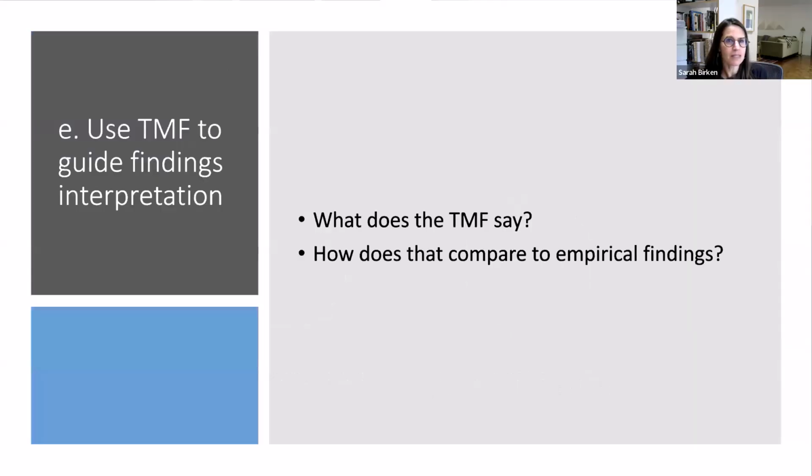I'm going to skip ahead just to say: don't finish your manuscript without reflecting on the similarities and differences between what is in that theory, model, or framework and what you found.